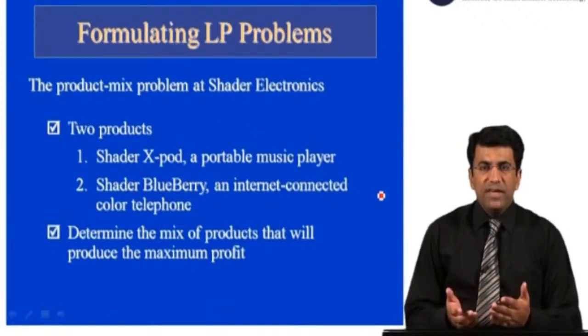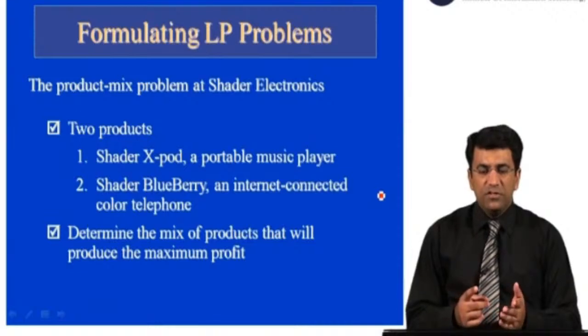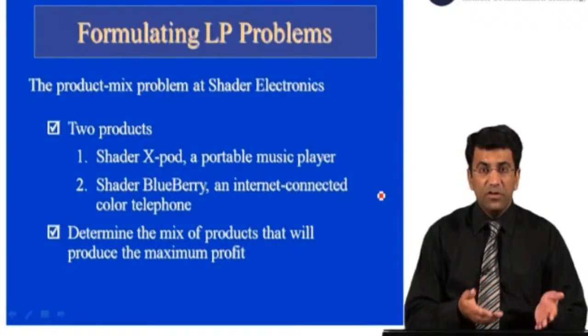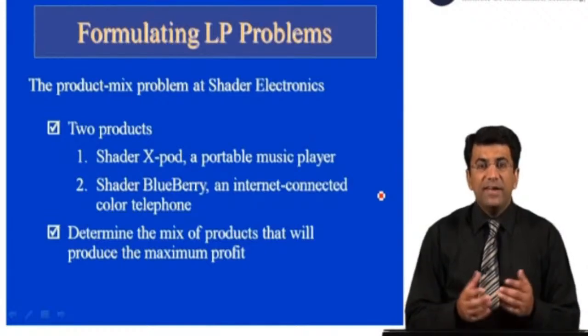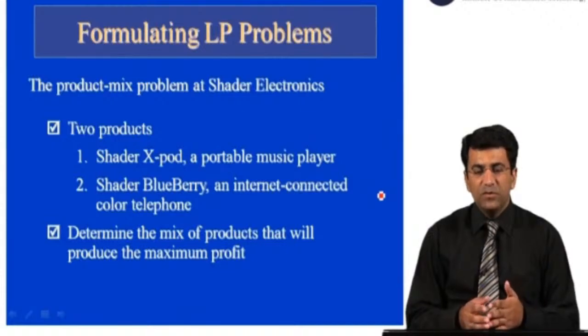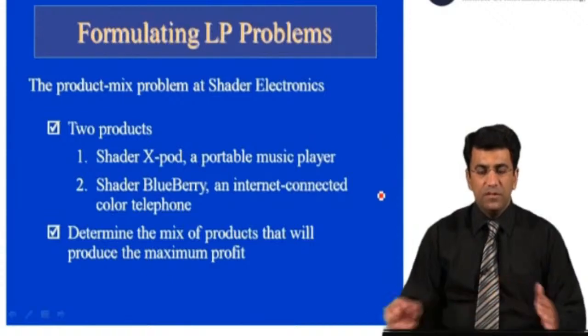So we can suppose that the required quantity is X1 for the Shader Export and X2 for the Shader Blueberry product. This X1 and X2, which are to be calculated through the linear programming problem, are actually our decision variables we were talking about. So X1 and X2, the quantity of Shader Export and the quantity of Shader Blueberry, are our decision variables.